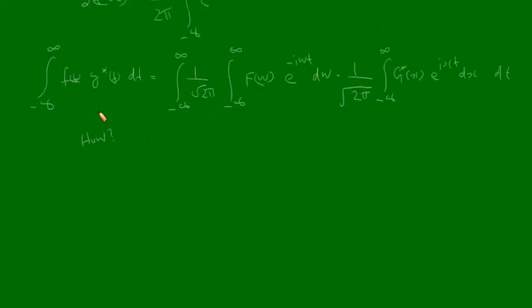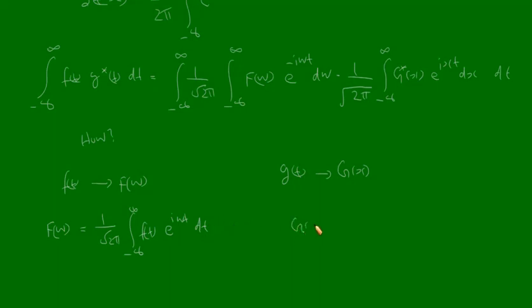Let the Fourier transform of f of t be f of omega, and the Fourier transform of g of t be represented by g of x. Then f of omega will be equal to 1 by root 2 pi integral from minus infinity to infinity f of t e raised to i omega t dt.